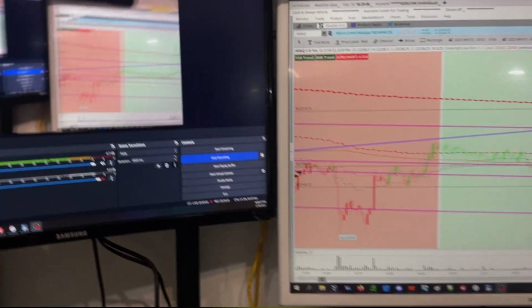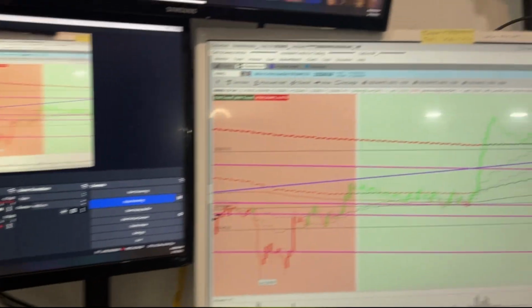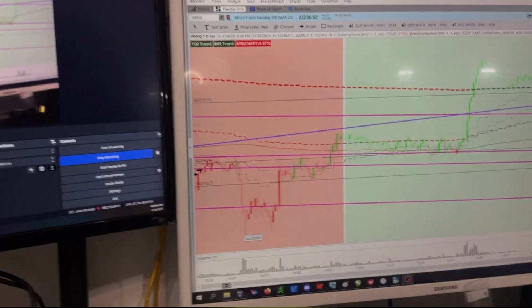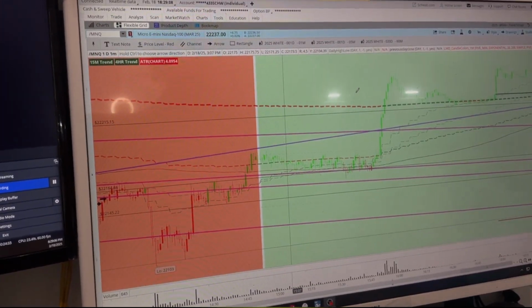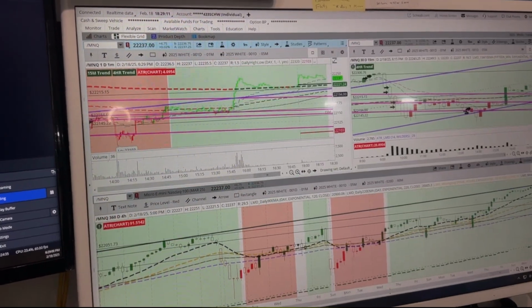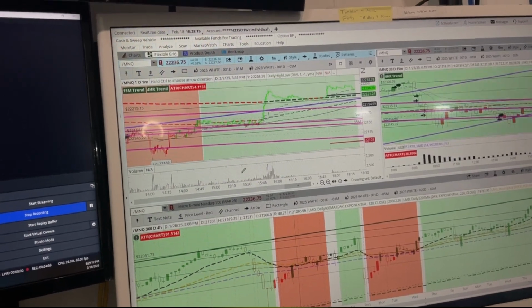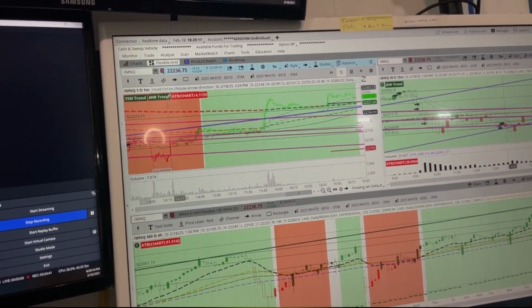I'll give you a quick tour of what I'm usually looking at in my shop. Hopefully my camera won't go out, but this here, that's my trade setup. So this is the screen that's normally in front of me. I'm usually looking at 3 charts: 1 minute, 15 minute, 4 hour, and you see those right up here.